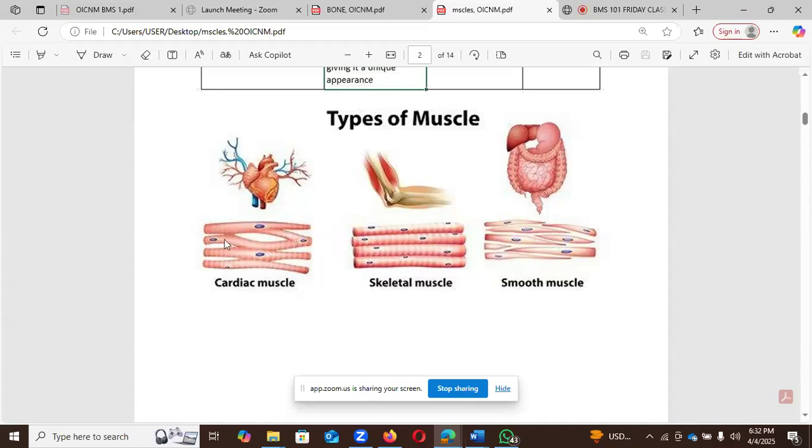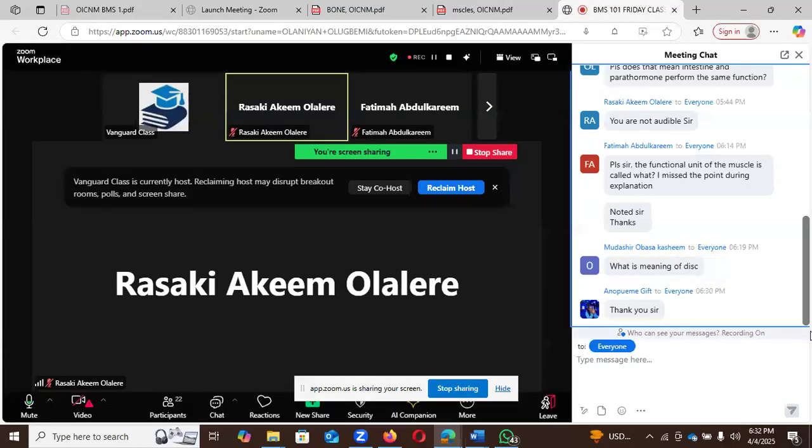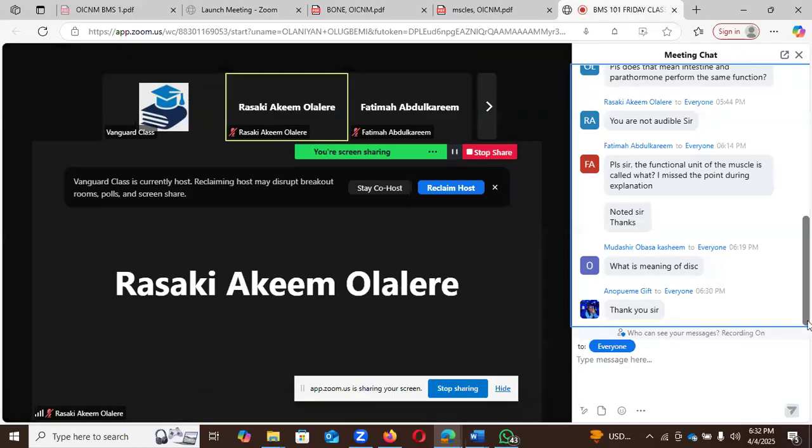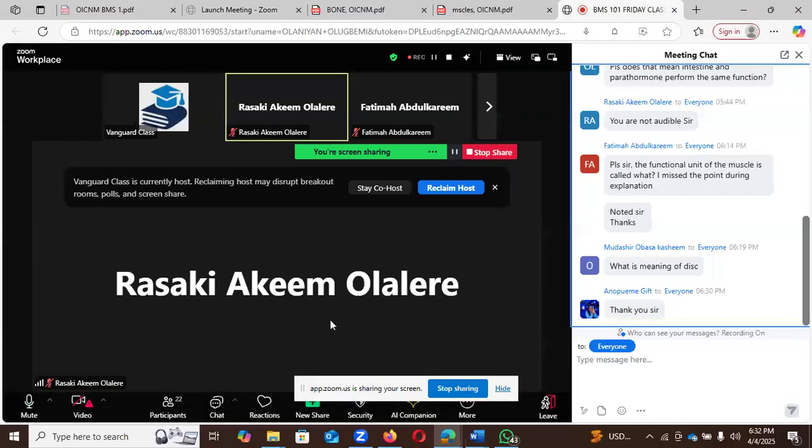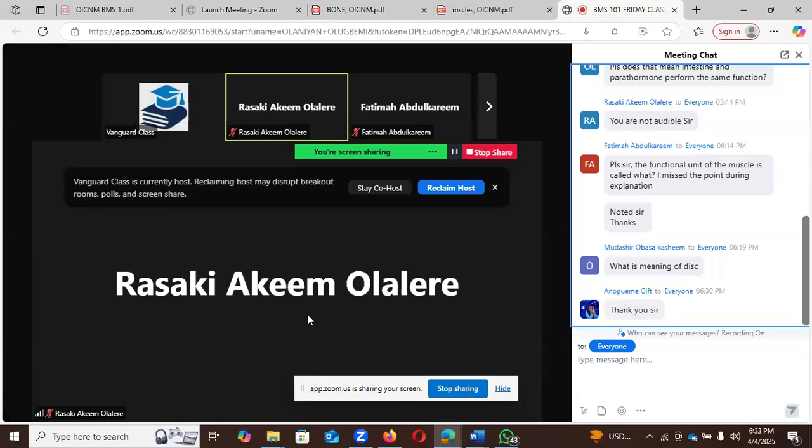So it's a type of junction that allows free flow of nutrients and impulses. I hope Mudashiru Obasa is satisfied. So the meaning of intercalated disc is a junction in a muscle.